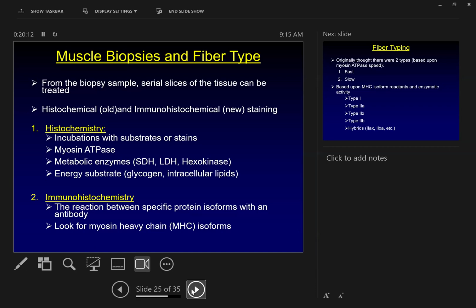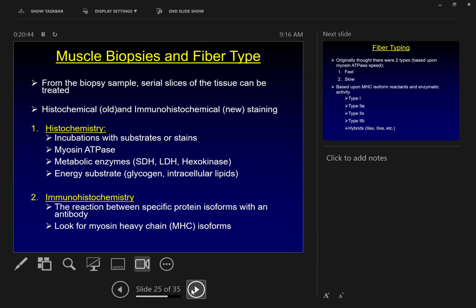The one that we tend to use is specific for the myosin heavy chain. I told you guys what the myosin heavy chain was last week. It's one of the backbone pieces of the myosin head, but this MHC, or myosin heavy chain, comes in different flavors, or isoforms, and it corresponds to the myosin ATPase speed. So we use the heavy chain now when we do any kind of fiber typing. Histochemistry gave us fast and slow.